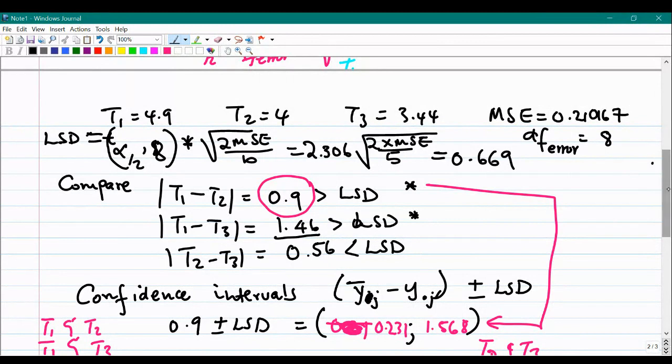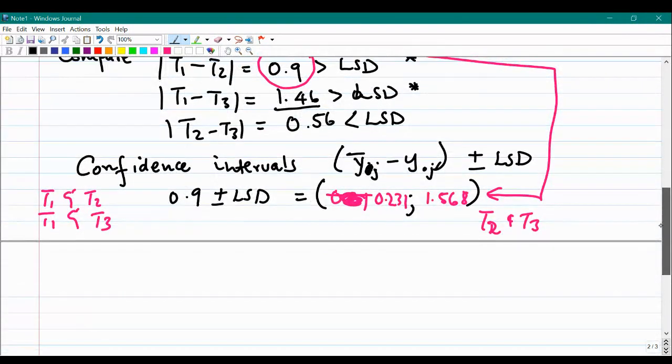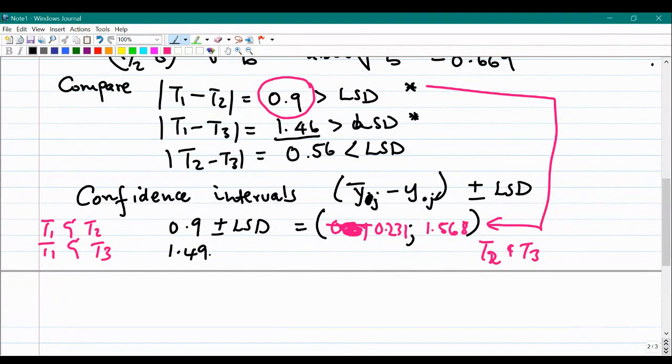Because 4.9 is bigger than 3.44. If it was negative, we would write the negative value. So this one, 1.46, plus or minus 0.669. Now we're finding the confidence interval between T1 and T3. What is the final answer?